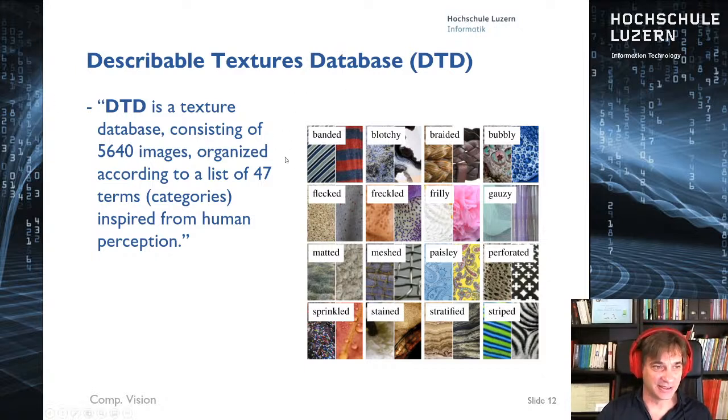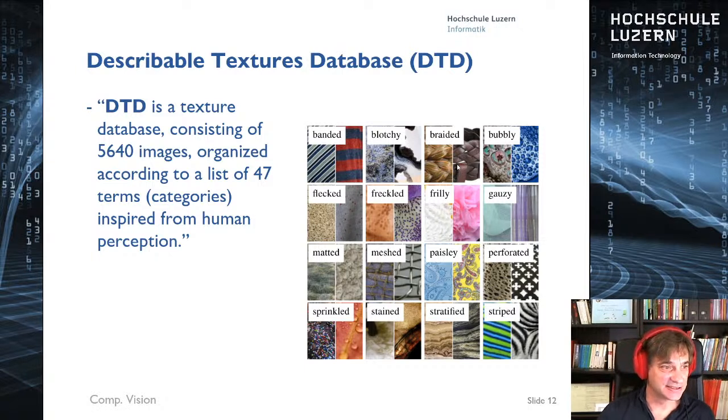For example, a texture banded is everything that has to do with stripes in one way or another. Okay, there's banded and striped, so striped would be more parallel stripes, and banded can be any stripes here. Or we have something like braided, that could be hair or other things in braids, etc.